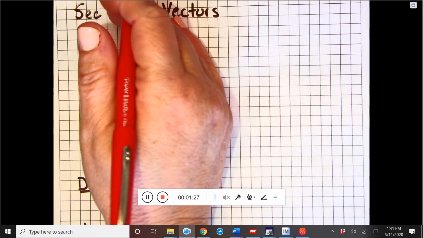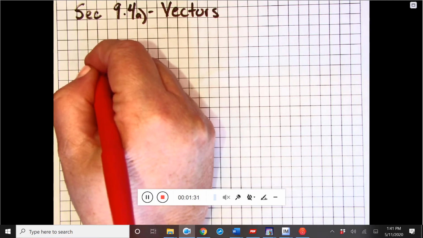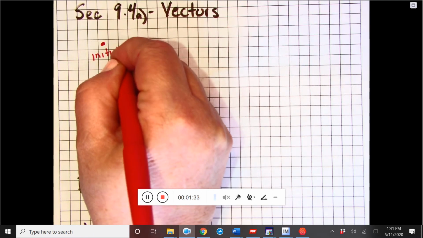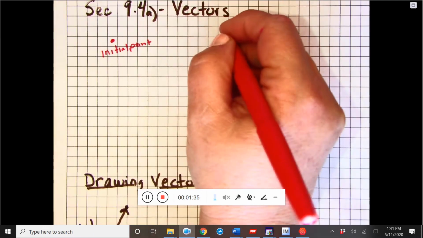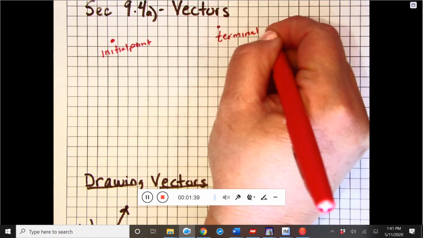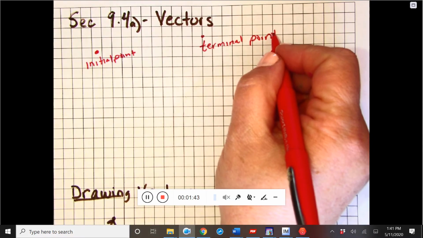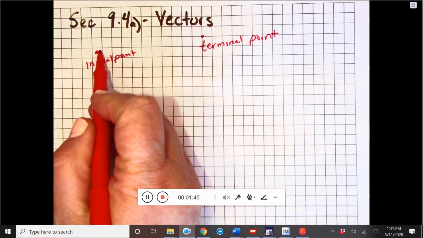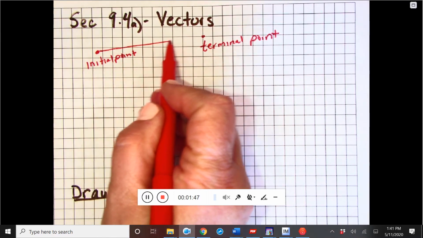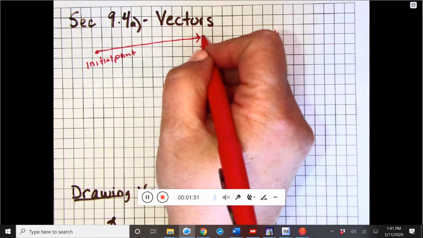A vector has what we call an initial point, and it has what we call a terminal point. Then we indicate the direction of the vector by drawing an arrow from the initial point to the terminal point.